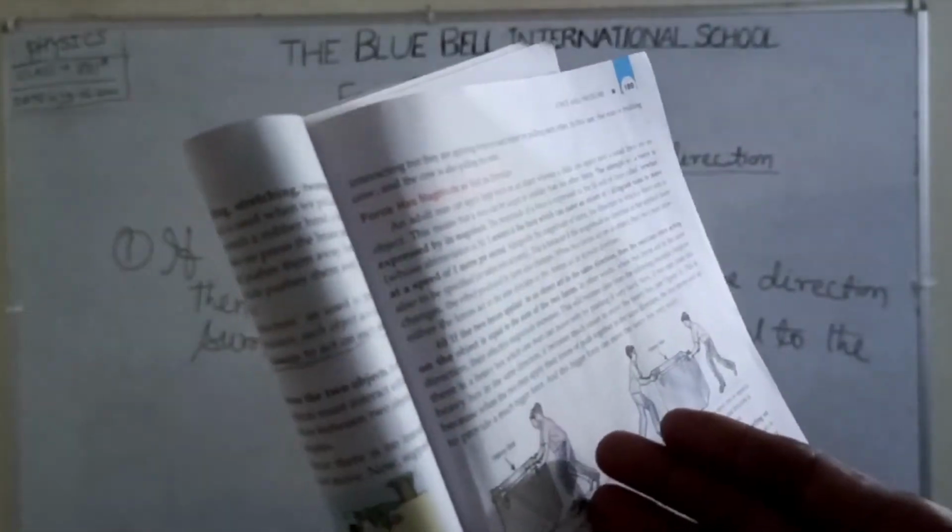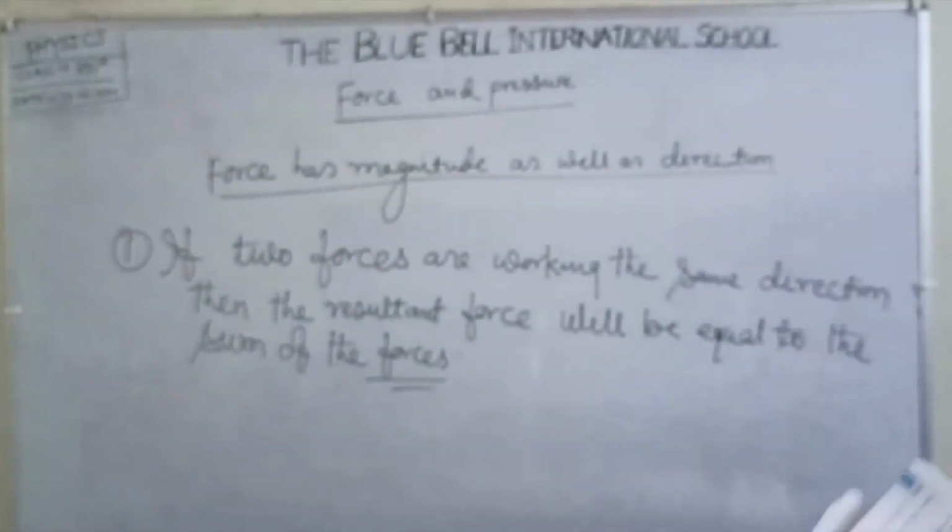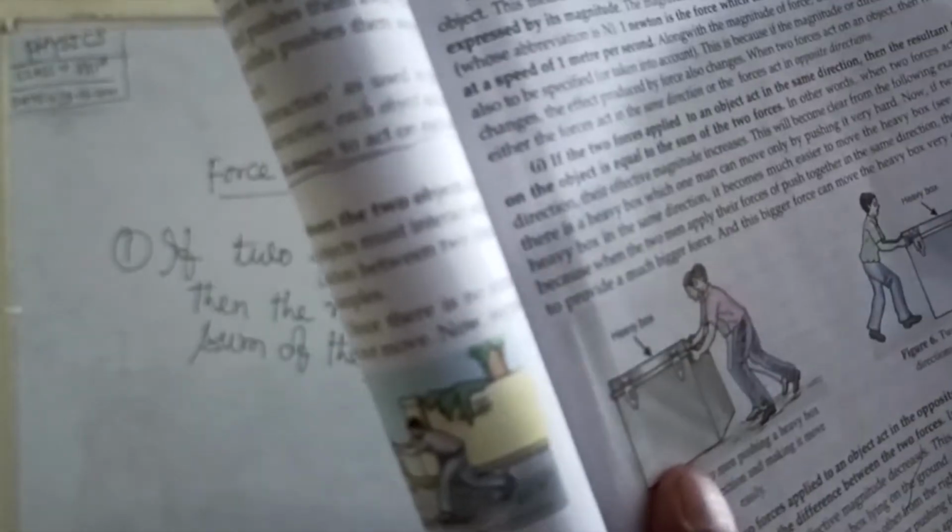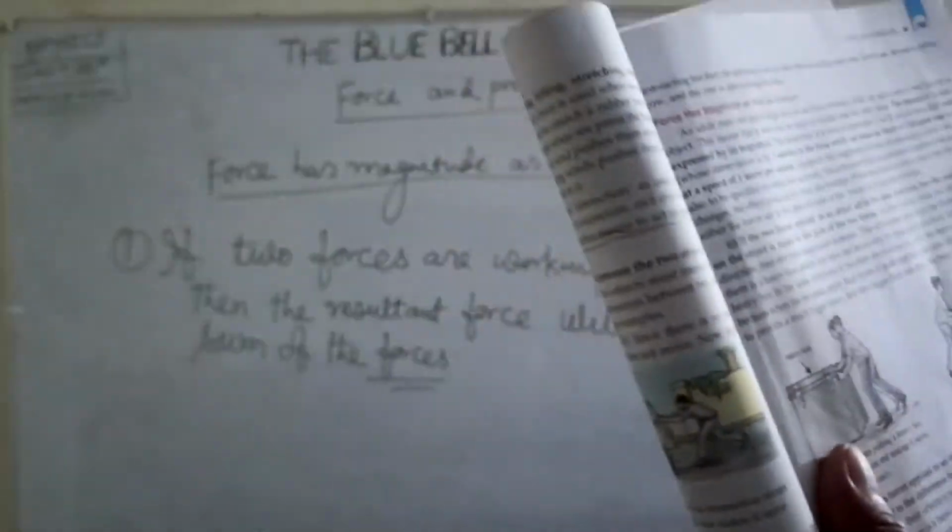But if both the wires are applying force, what happens? It becomes very easy to move the box, because two forces are applied in the same direction. So the resultant force will be equal to the sum of these two forces. Both the forces will work, so it becomes easy to move the box.